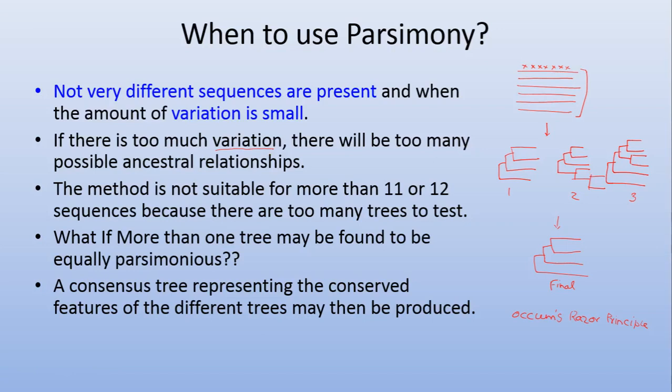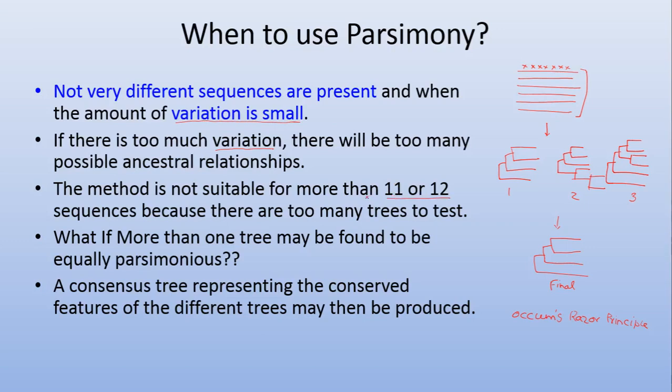So from a practical point of view, when are you supposed to use maximum parsimony? When the variation is very small, that means the sequences are quite very conserved in your multiple sequence alignment. Okay, and the number of sequences is less than 12, or around 12 or 13.